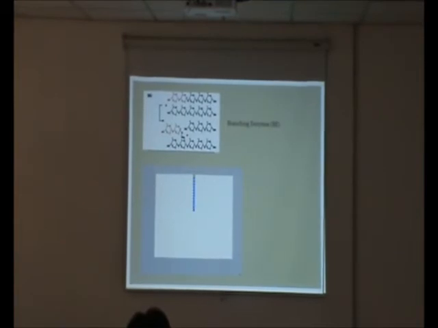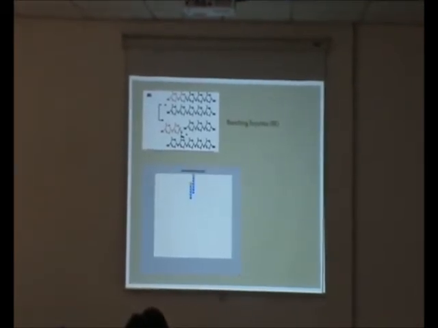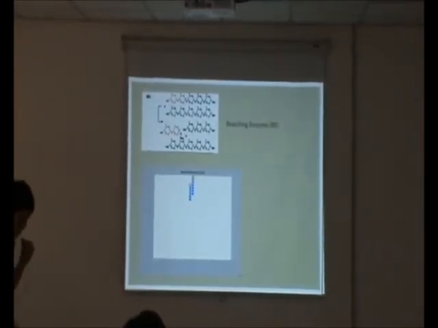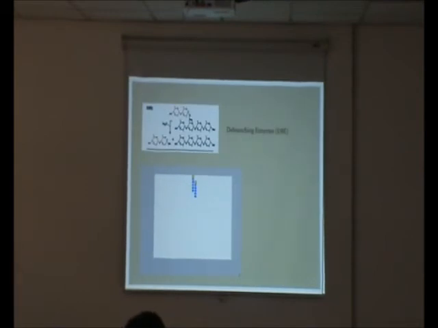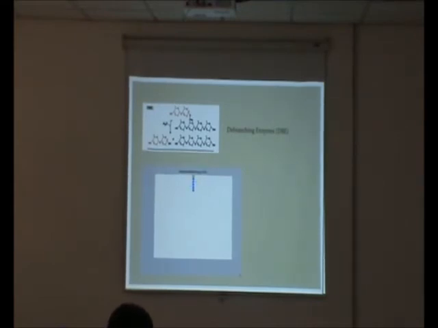So if a chain has a length longer than 12 glucose units, it will be cut by 6 units and it will add to its own chain, like in this simulation. Okay. And DBE is just removing a branch point from the molecule.